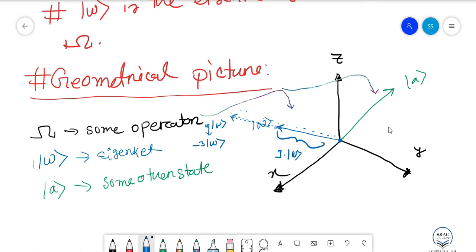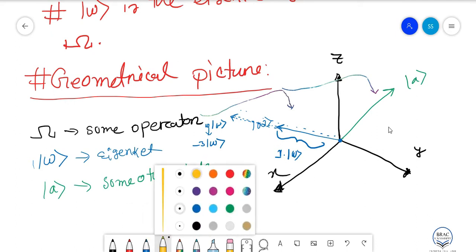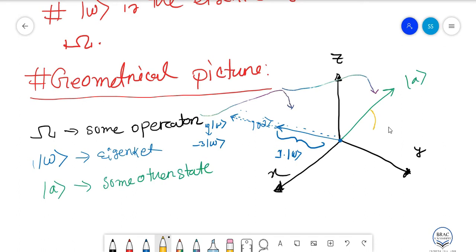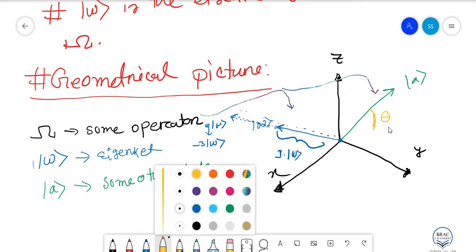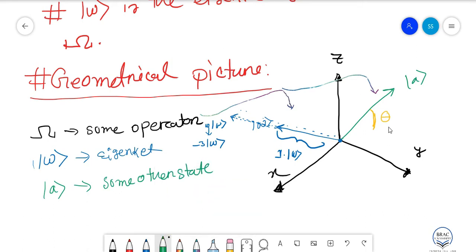But when you apply omega to this, a might get rotated. So let me use another color. So let's say this is my rotation angle theta, and then this is my a prime. So this is the difference between the eigenvectors and the non-eigenvectors for a specific operator.